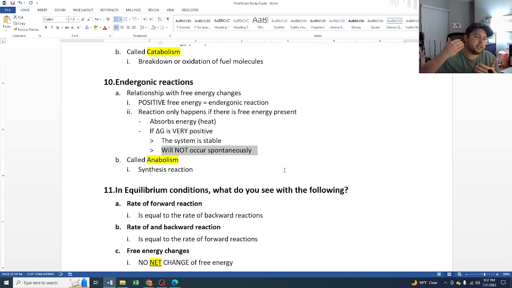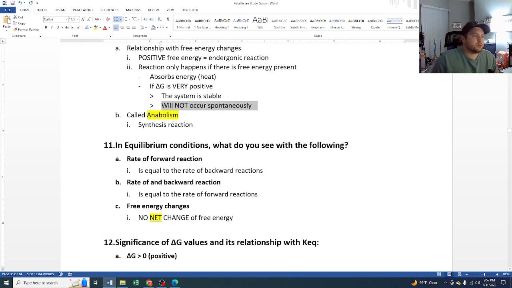There has to be an ATP, and there has to be an enzyme to come and help it. So in this case, the hexokinase or the glucokinase needs to come to help activate that process, lowering the activation energy, in order for that reaction to occur. And those are our anabolic reactions, also called synthesis reactions.